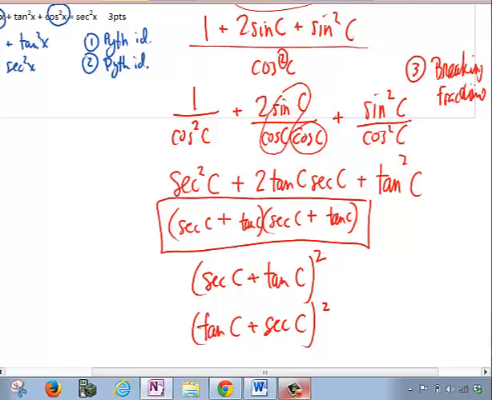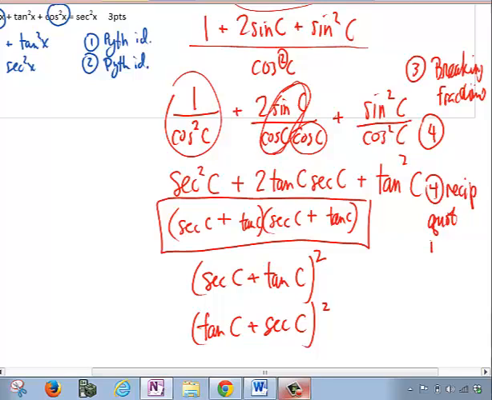This problem was a pretty long problem, pretty long and drawn out, pretty difficult to do. And basically what we did in step 4 was, in the first part here, to go to this step, we used a reciprocal. For the middle part, we used a quotient by changing that to tangent, and a reciprocal.